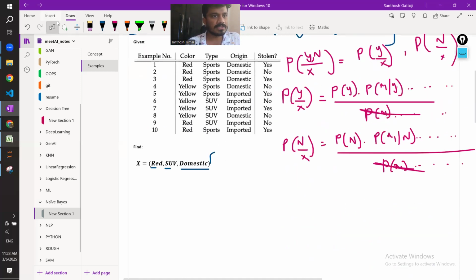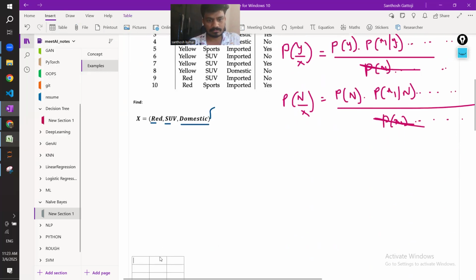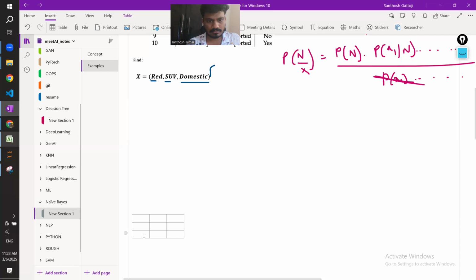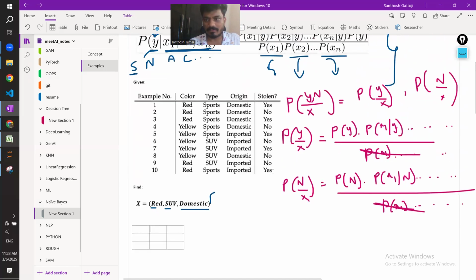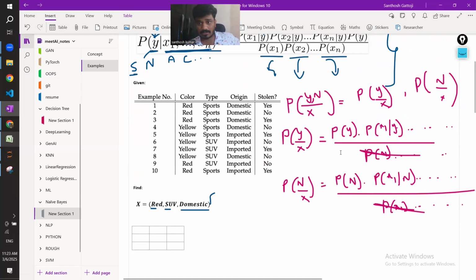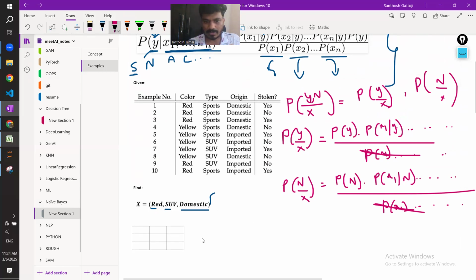For example, if I just try to insert... Over here, first of all, I want the probability of Y. So over here, P of Y. First, I'm calculating P of Y by X.